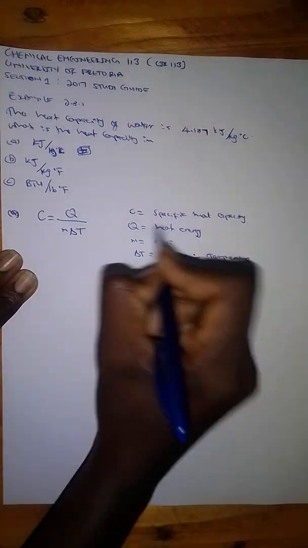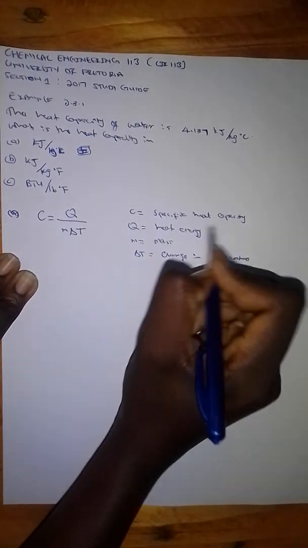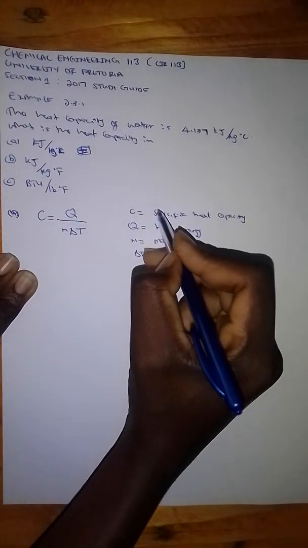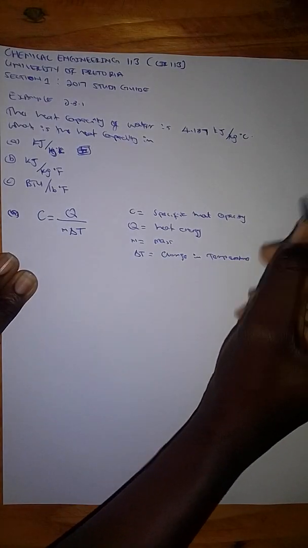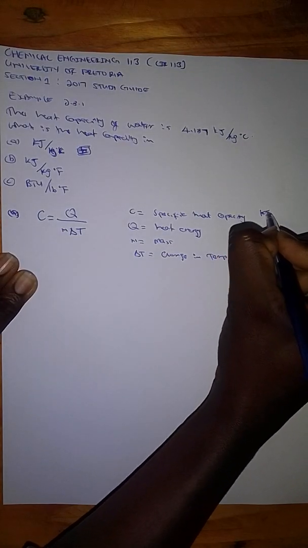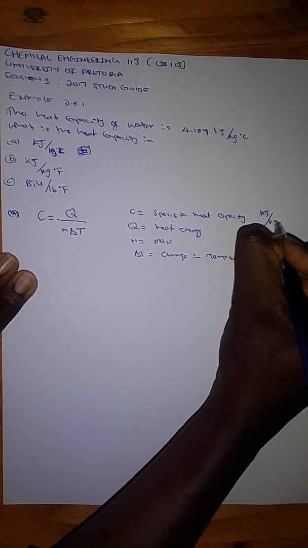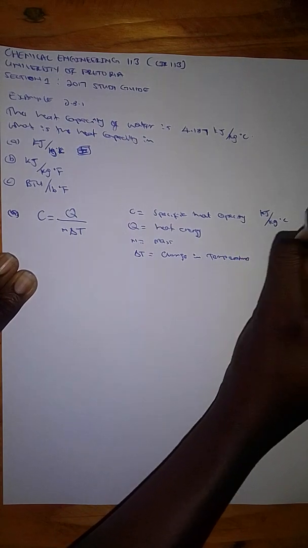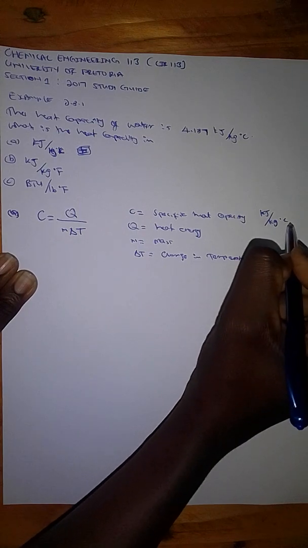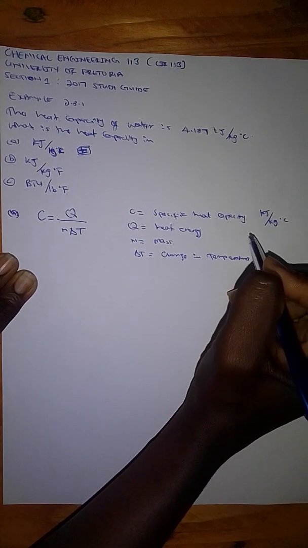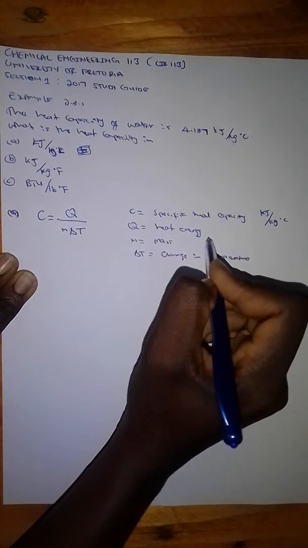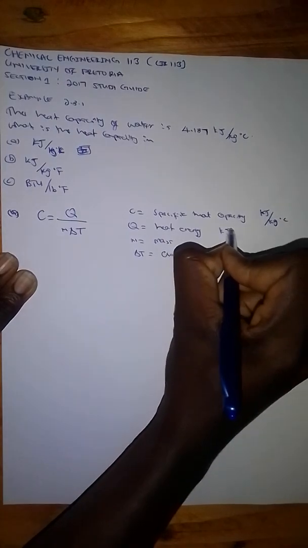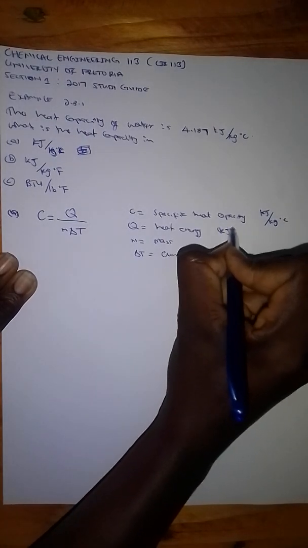Now I also need to highlight that the SI units of specific heat are kilojoules per kilogram degrees Celsius, or kilojoules per kilogram Kelvin, and heat energy is in kilojoules.